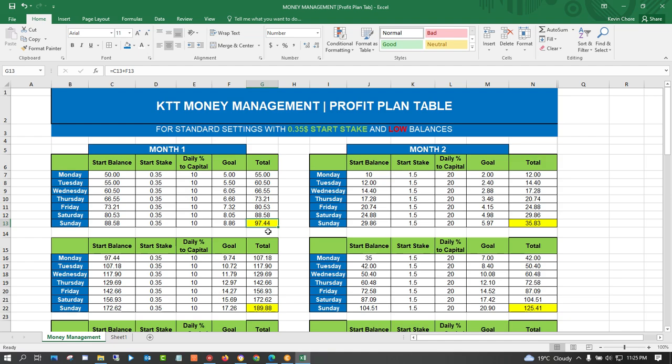So you are growing this account slowly by slowly. In 1 week, you see that you've made $47.44, right? So this one now becomes your opening balance on the next week.